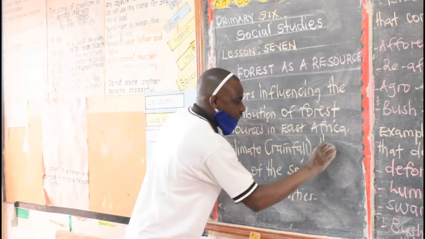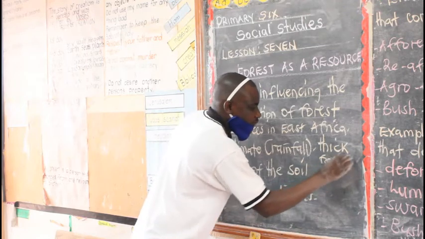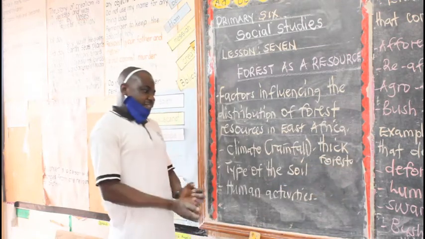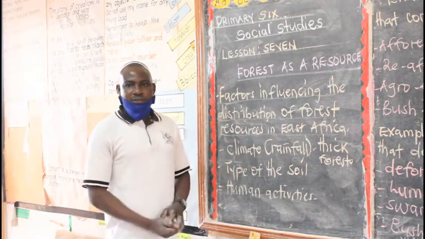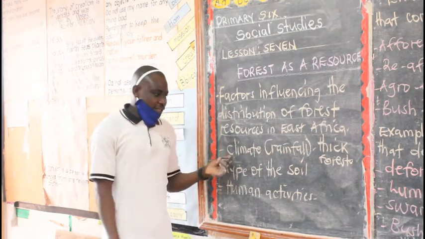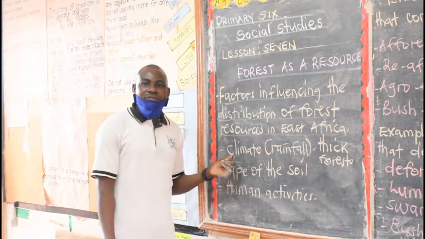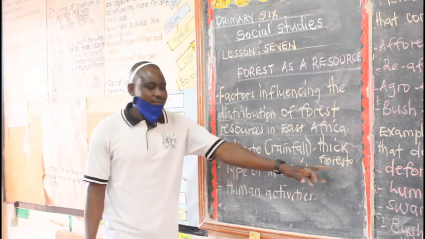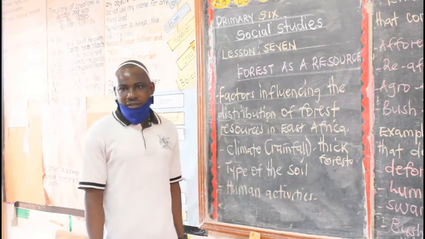So in case they ask how does climate affect forest distribution? You say that areas that receive plenty of rainfall have thick forests as compared to areas with little rainfall.